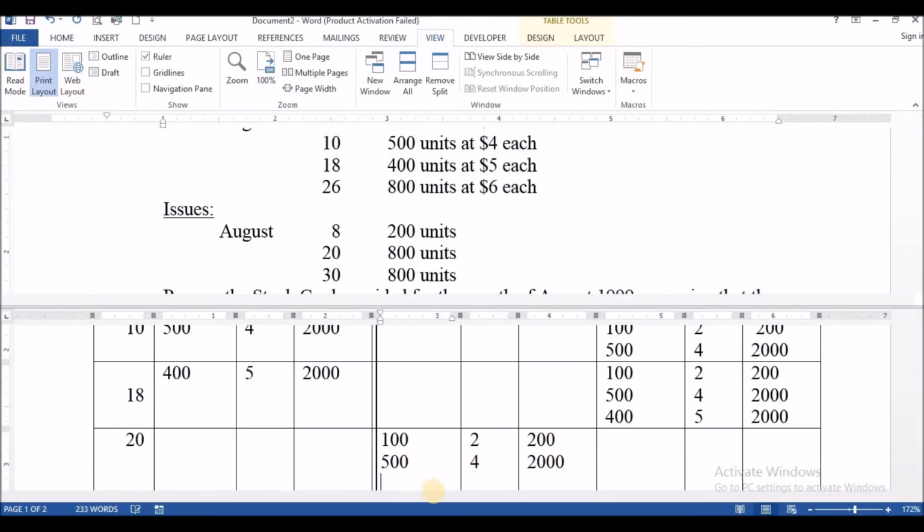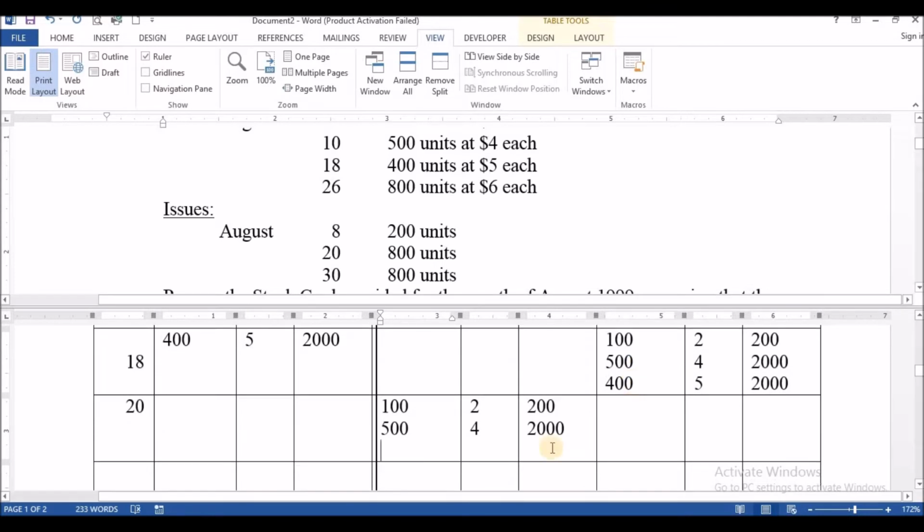We're still short 300, so we're going to take 300 from this 400. So 200 from this 5. 5 2's 10, so that's $1,000.